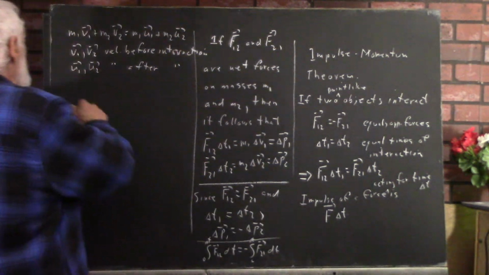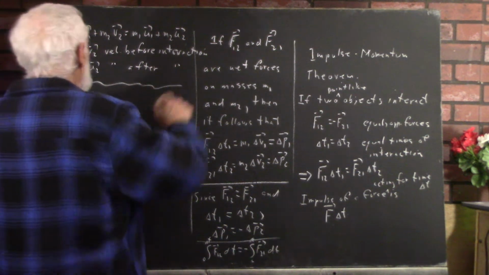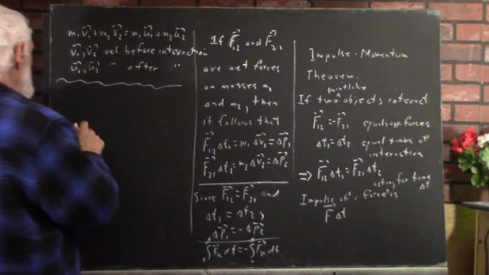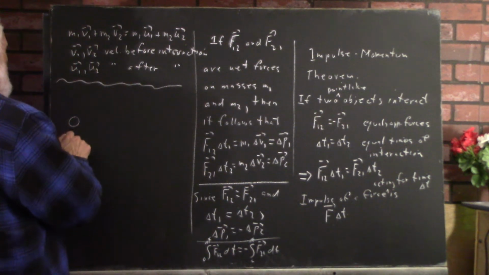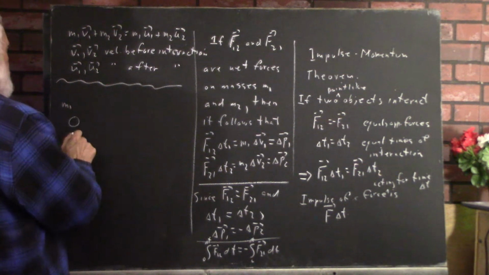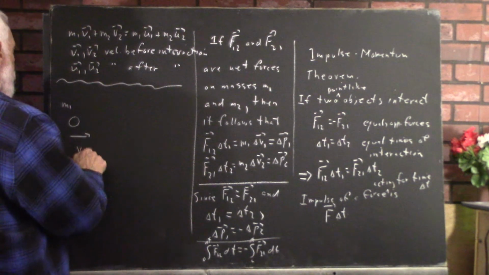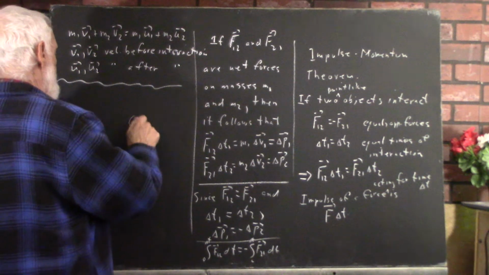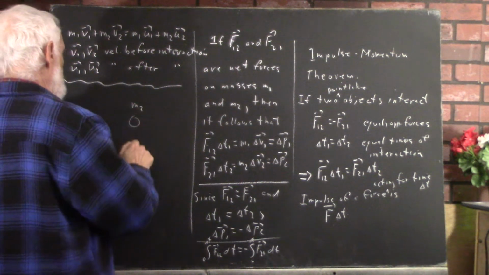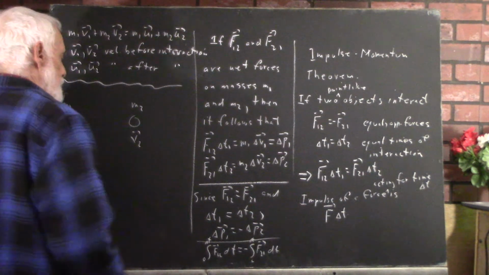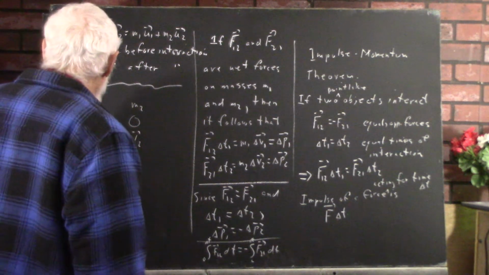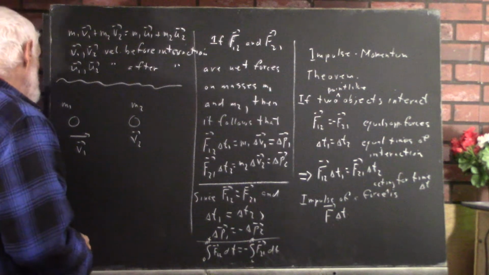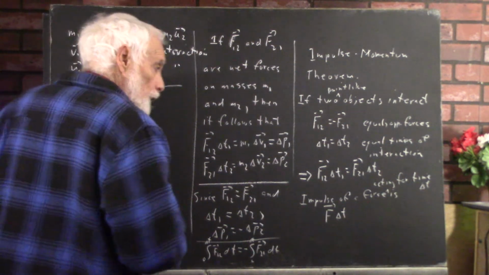So let's say now that we have the situation you asked about. Let's say you've got a mass m1 moving at velocity v1 and a mass m2 moving at velocity v2. They collide. Now let's just assume a head-on collision for the moment.